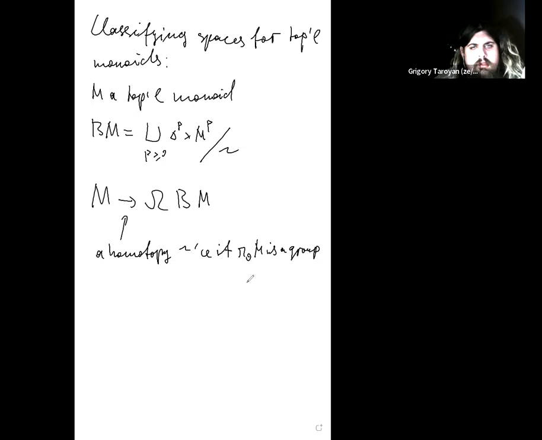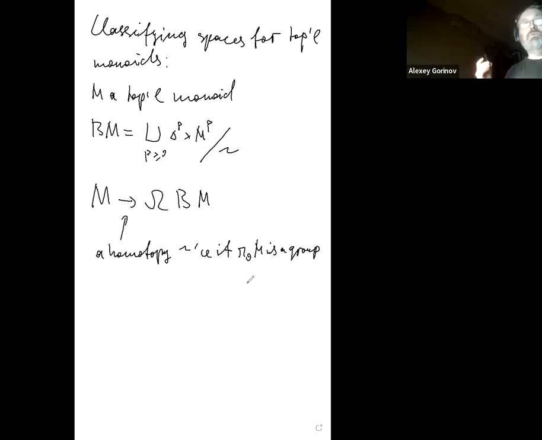I'm sorry, I missed this. We're now considering topological monoids, right? Yes, so we take M to be a topological monoid. Then we have an induced operation on pi naught of M. But pi naught is a priori just a set, and if M is a topological monoid, then pi naught is also a monoid, but it doesn't have to be a group.